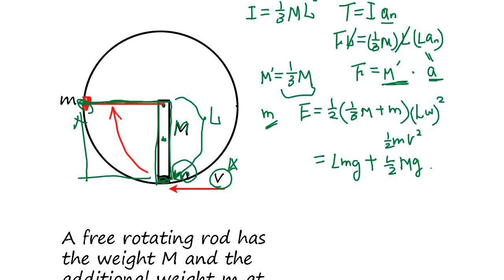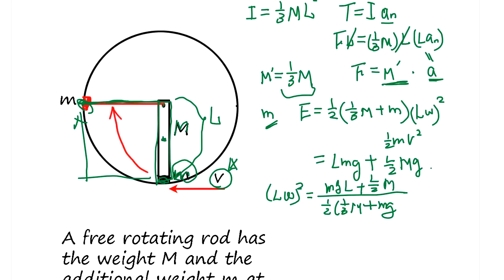So 1/2 times the mass times L squared omega squared equals m g L plus L/2 M g.